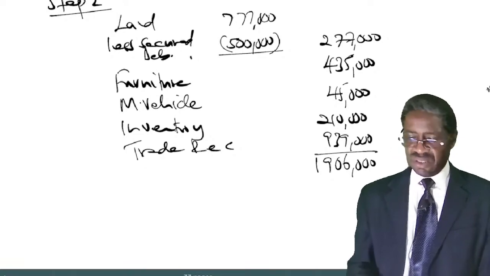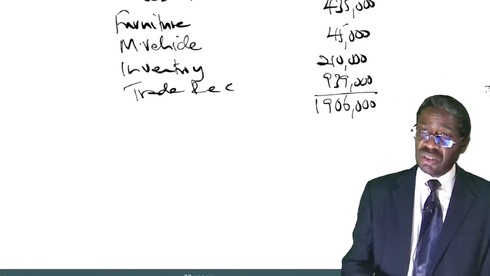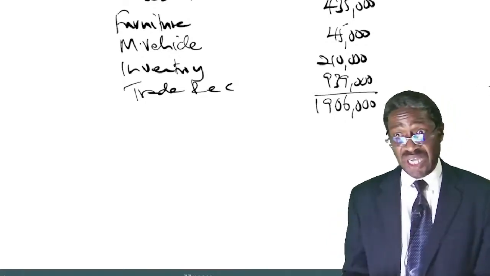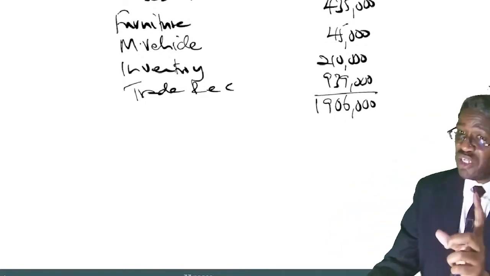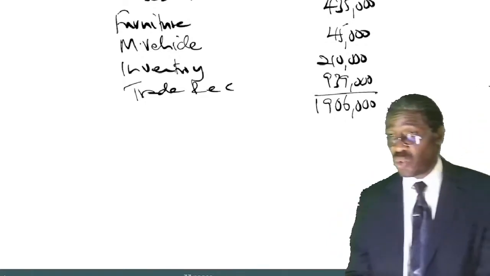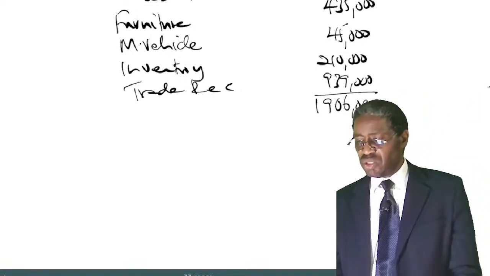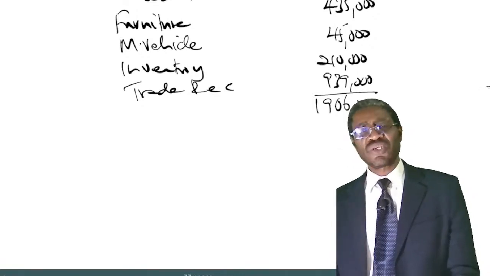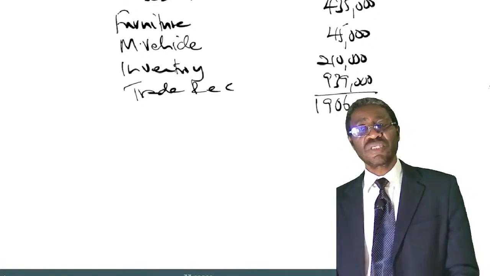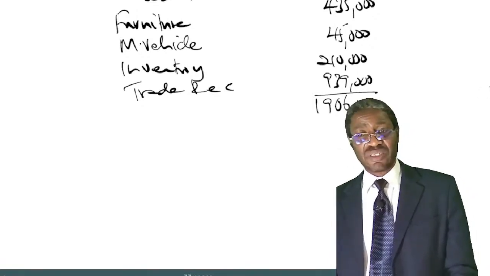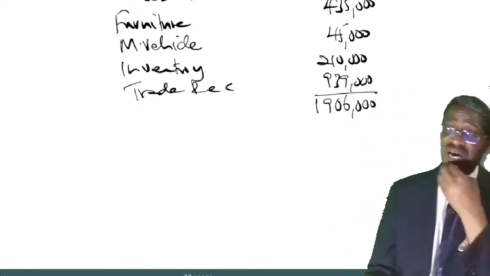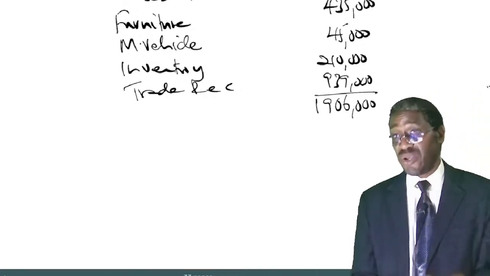Then I told you the liabilities have to be paid in order of priority. Already I've paid the secured liability. So the other liabilities now are to be paid in order of priority.